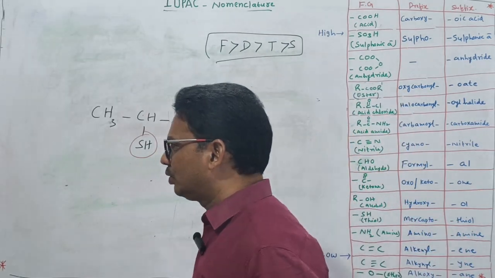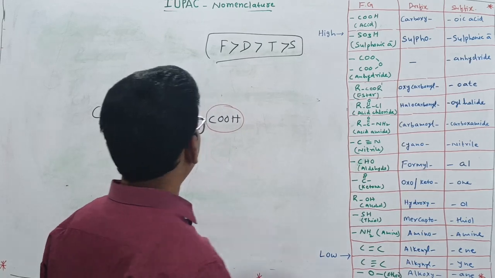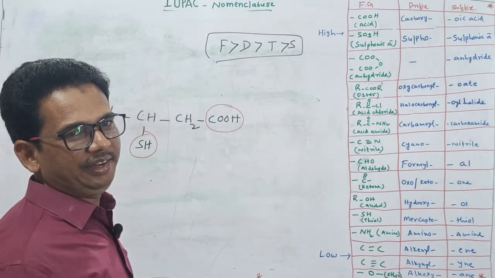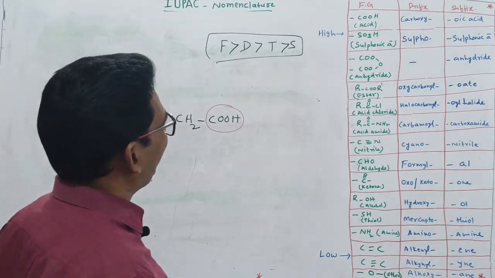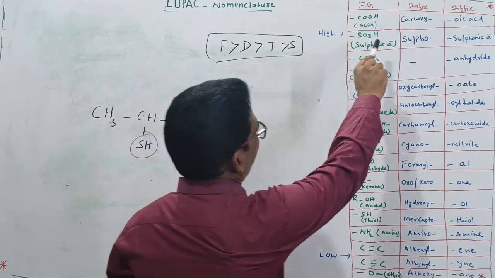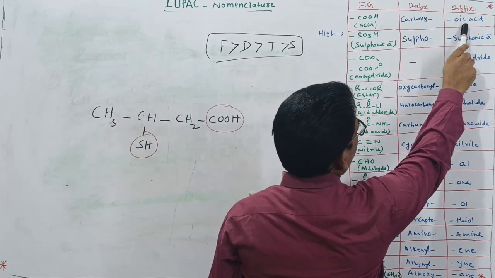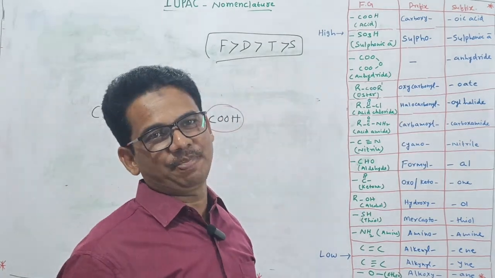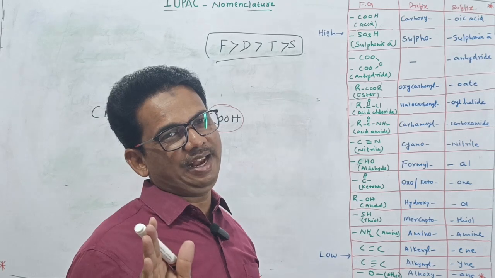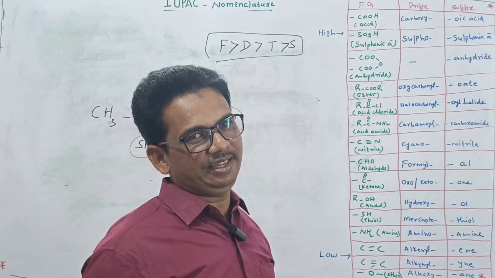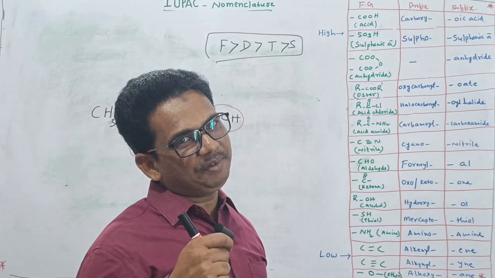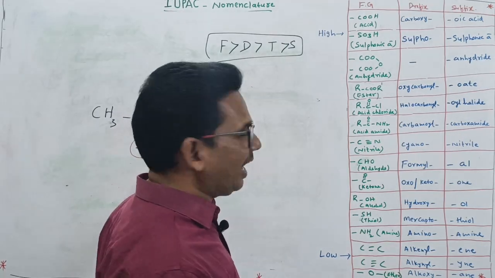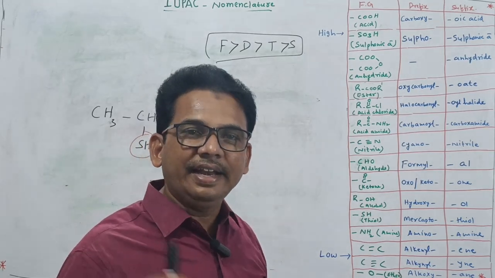That's why here, to whom do we have to give the priority? Priority we have to give to the acid, because that is the high priority one. Okay. Whenever there is a high priority functional group, we have to write it as the suffix only. Remember, the higher priority one can be written only as the suffix. I said first comes what? Prefix, word root, then suffix.